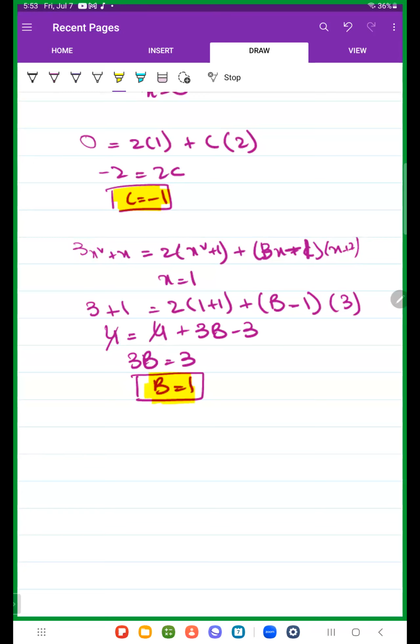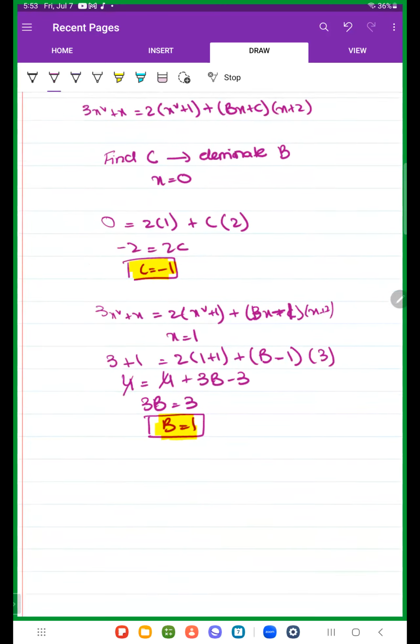Just a second, I'm solving. Getting b as 1. Yes.